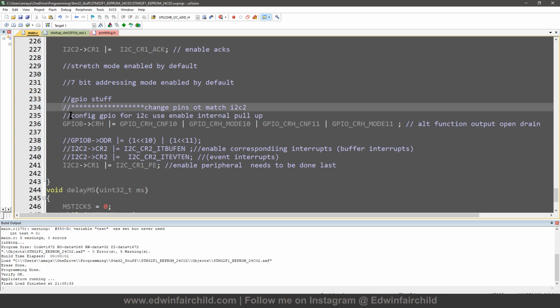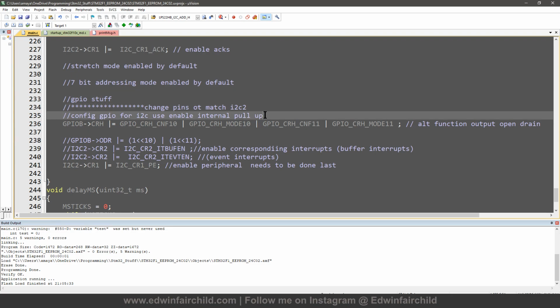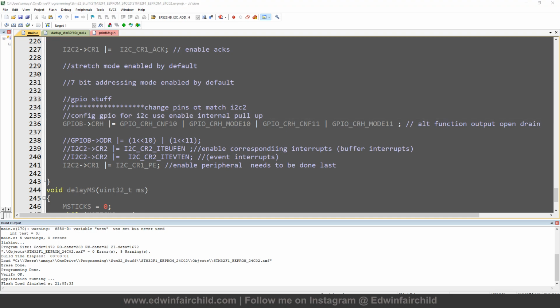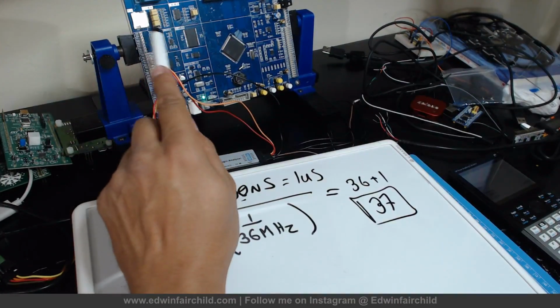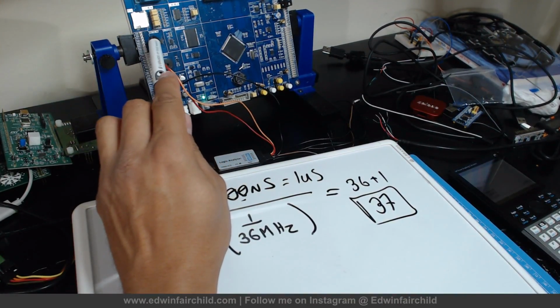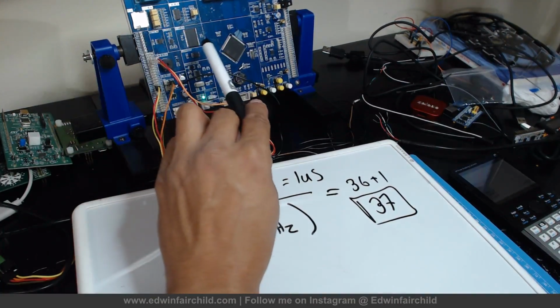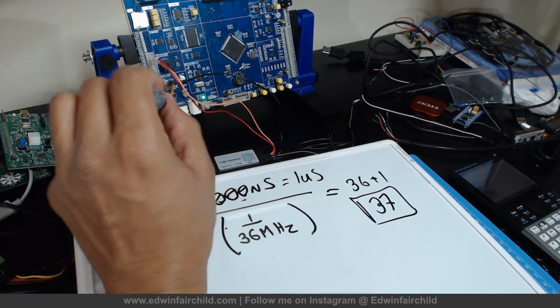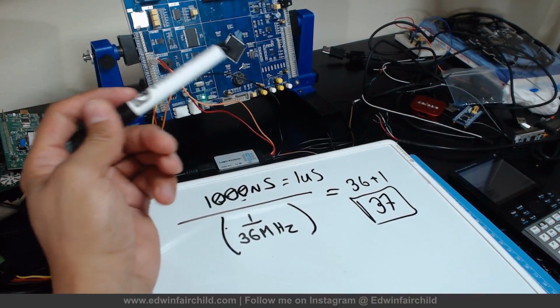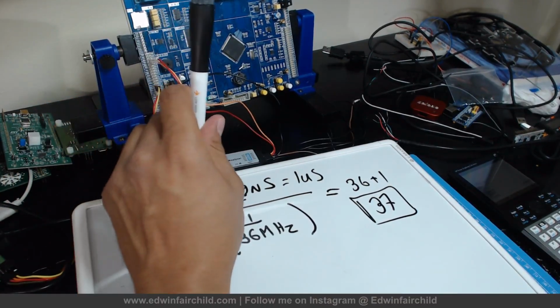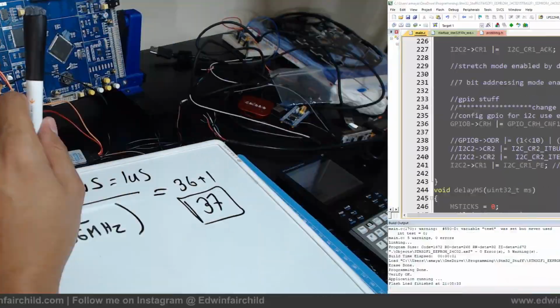Oh yeah, another thing you have to remember: I2C needs pull-up resistors on the data and on the clock lines. In this chip, I don't use it because the chip already has pull-up resistors. You can't really see it, but they're right there. So I don't need to enable that. But if you do need to enable those pull-up resistors, you would do that in your GPIO registers.